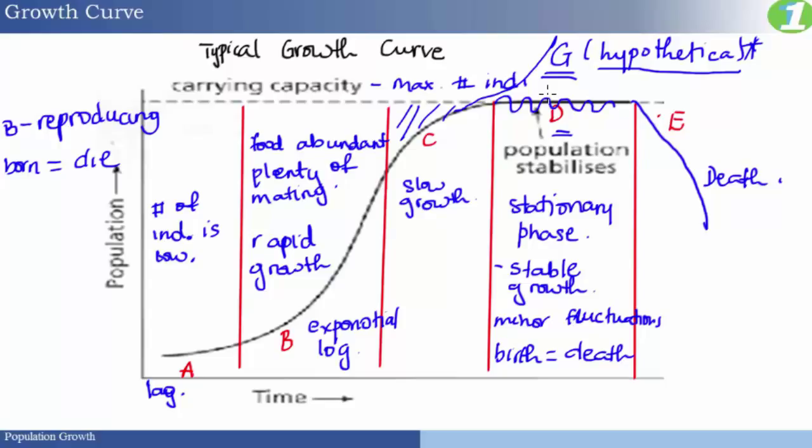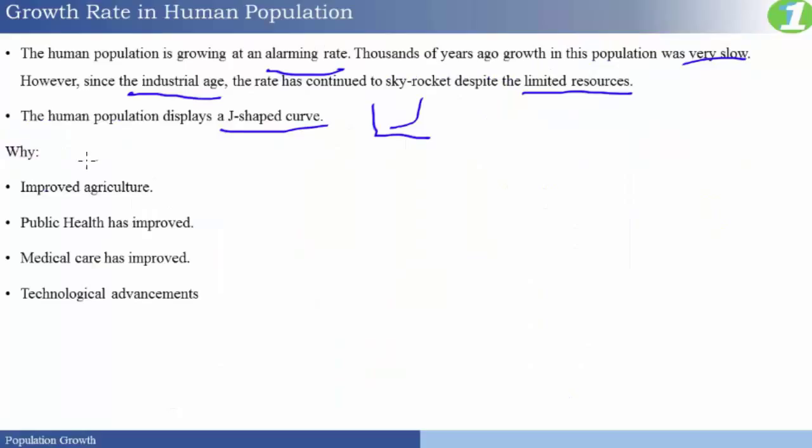So let's go back. The main reason why the human population growth curve displays a J-shaped curve as opposed to an S-shaped curve is mainly because of improvements in agriculture. So we are producing better quality food, and greater quantity as well. We have public health improvements, right? So we have cleaner environments, less outbreak of disease, clean water, etc. We have better medical care facilities and improved technological devices.